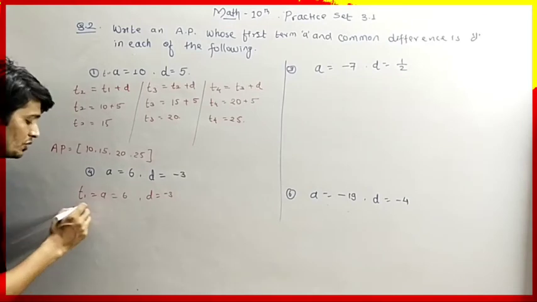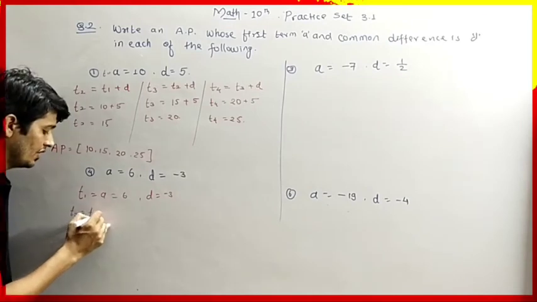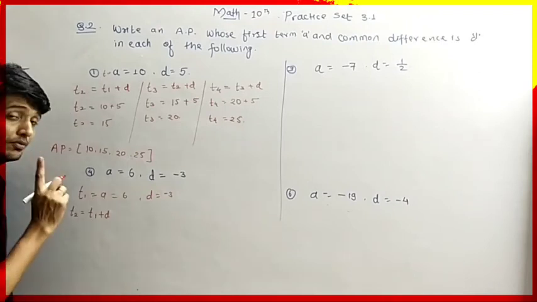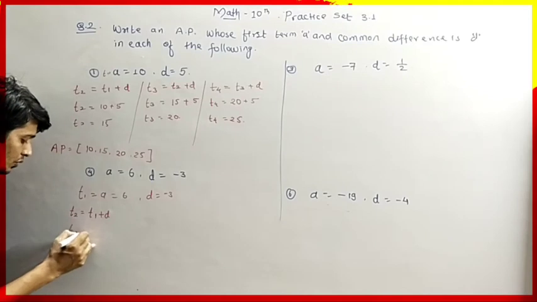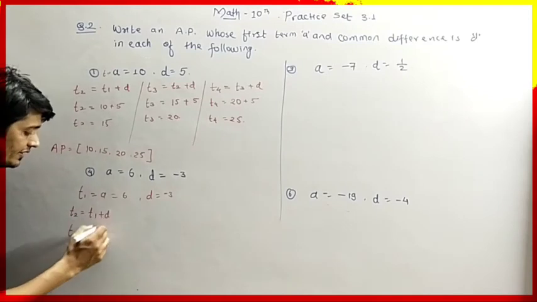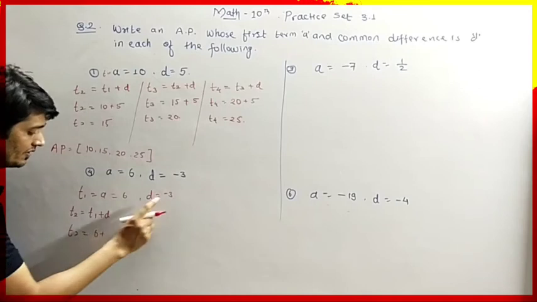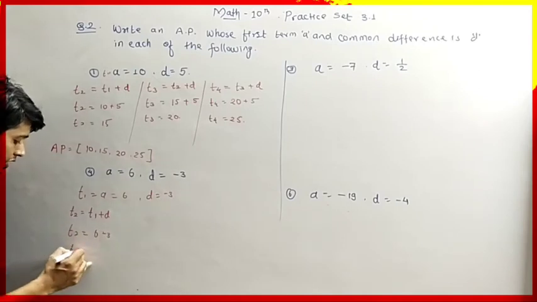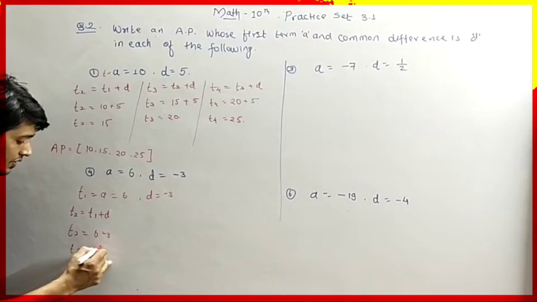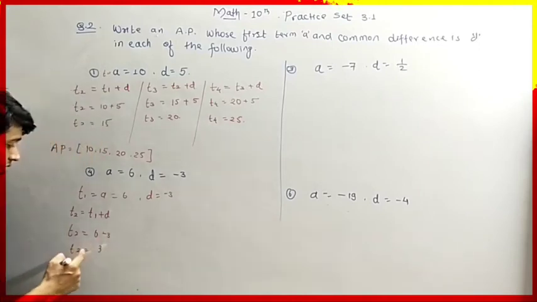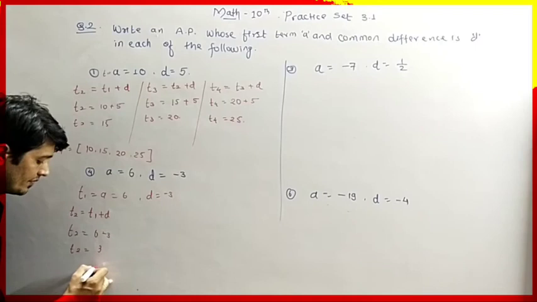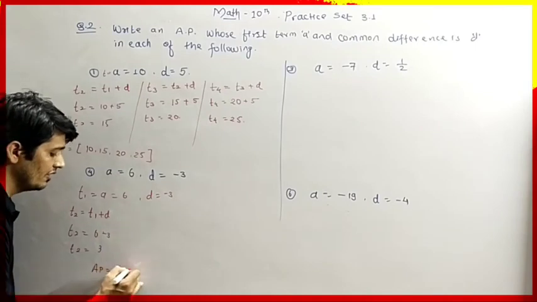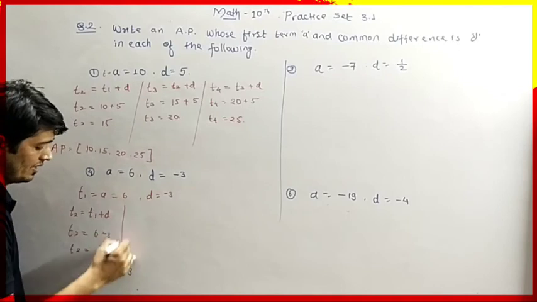T2 equals T1 plus D. T1 is nothing but A, which is our first term. T1 is 6, plus the common difference minus 3. So 6 minus 3 is 3. So T2 equals 3. The AP: the first term is 6, then we have 3. Now the next one.